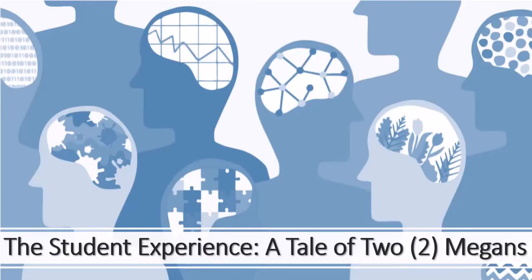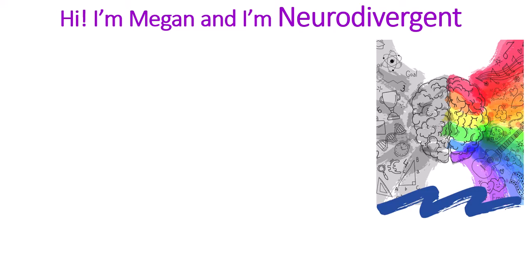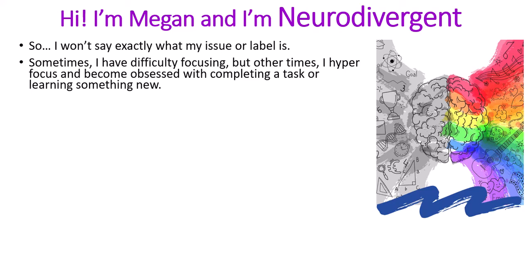The student experience, a tale of two Megans. Hi, I'm Megan, and I'm neurodivergent. That's a picture of my brain. Just kidding. So I'm not going to say exactly what my issue or label is. I don't think for me that's really important. Just to give you a little bit of background though, sometimes I have difficulty focusing.